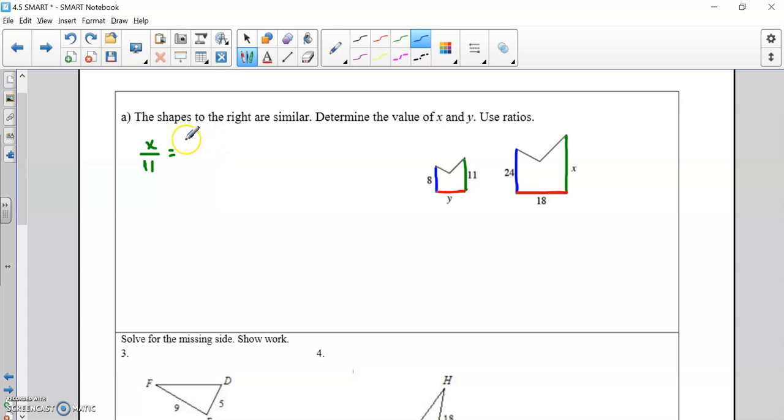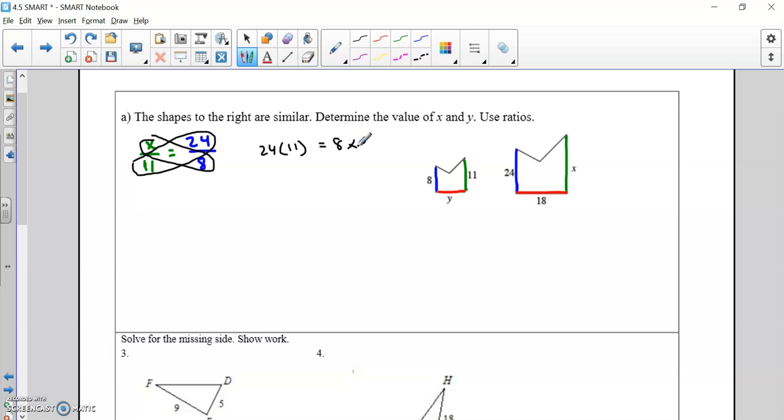So the next ratio we're going to do is 24 over 8, because this will help us solve for our missing side. All right, and we'll just do cross multiplication to solve this. So we'll multiply our diagonals again. So we know that it's going to be 24 times 11 equals 8 times x.